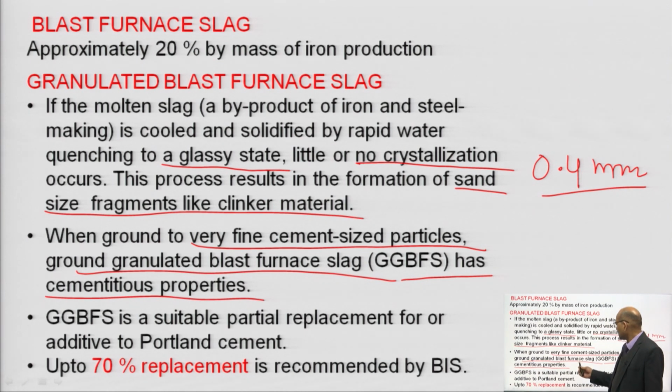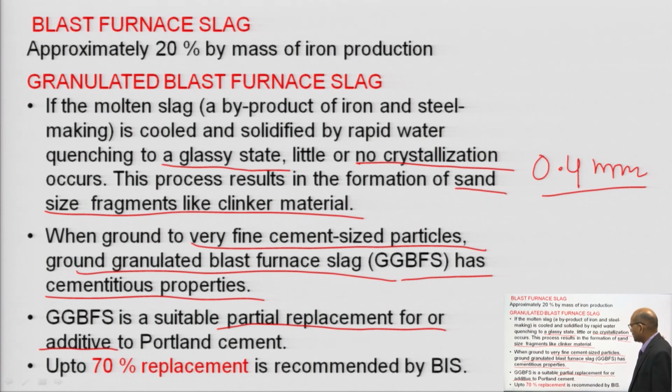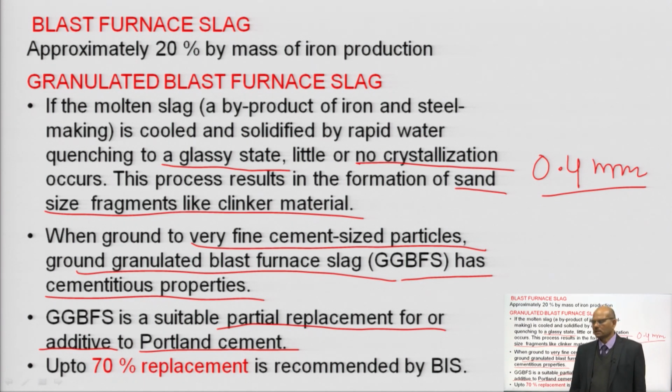So, here grinding is important, because if you do not grind it properly, you will not be able to achieve proper results. GGBF is a suitable partial replacement or additive to Portland cement. Either you can intergrind it with cement, or you can use it as an admixture. The latest recommendation of the Bureau of Indian Standards permits replacement up to 70%.